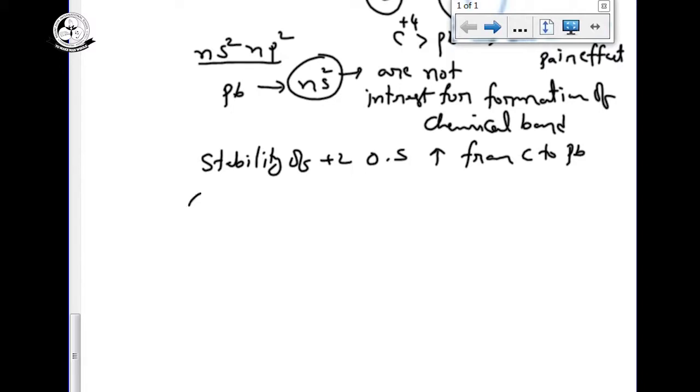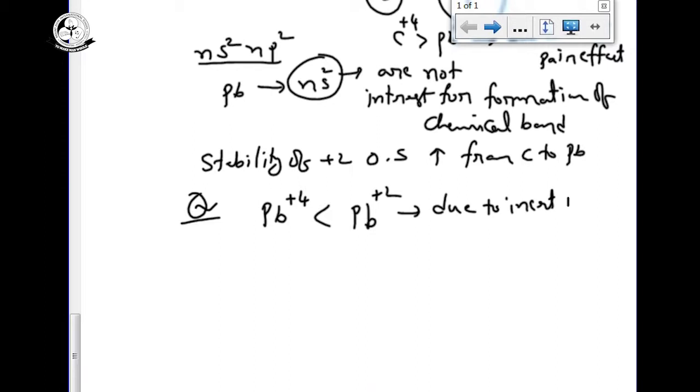If they ask one question, whether Pb +4 is more stable or Pb +2 is more stable, obviously lead +2 is more stable. The reason is the inert pair effect. Due to the inert pair effect, lead +2 is more stable than the +4 oxidation state.